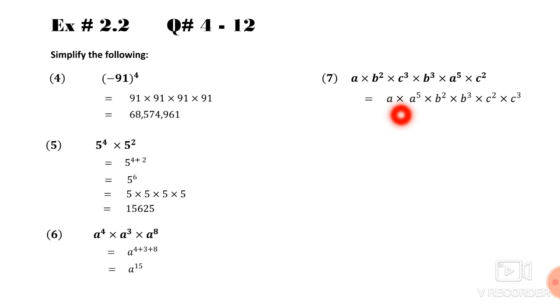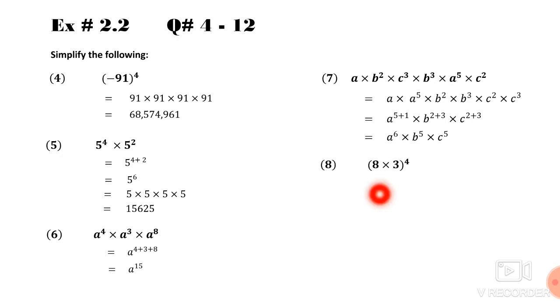Bases are same, powers will be added. Here exponent is 1, exponent is 5. So A exponent 5 plus 1, B exponent 2 plus 3, C exponent 2 plus 3. So answer is A exponent 6 multiply B exponent 5 multiply C exponent 5.